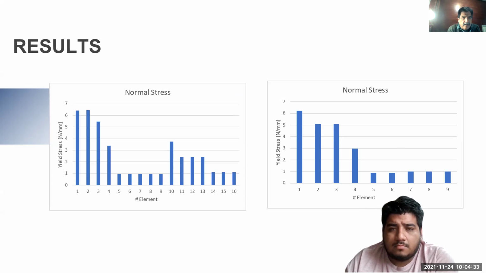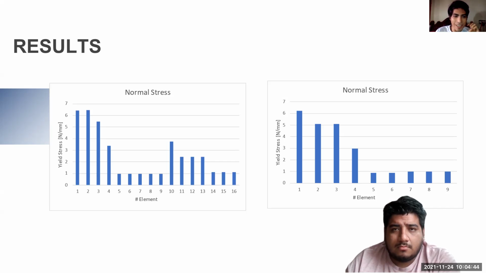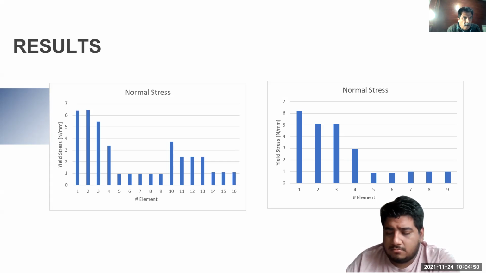Just a second there. The units on the vertical axis are Newton per millimeter square. Okay. And the values are very small. Yes, extremely small.